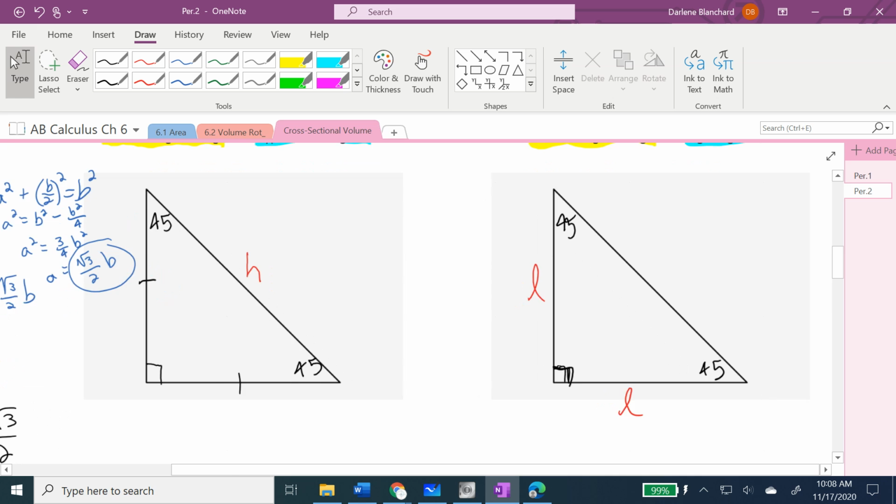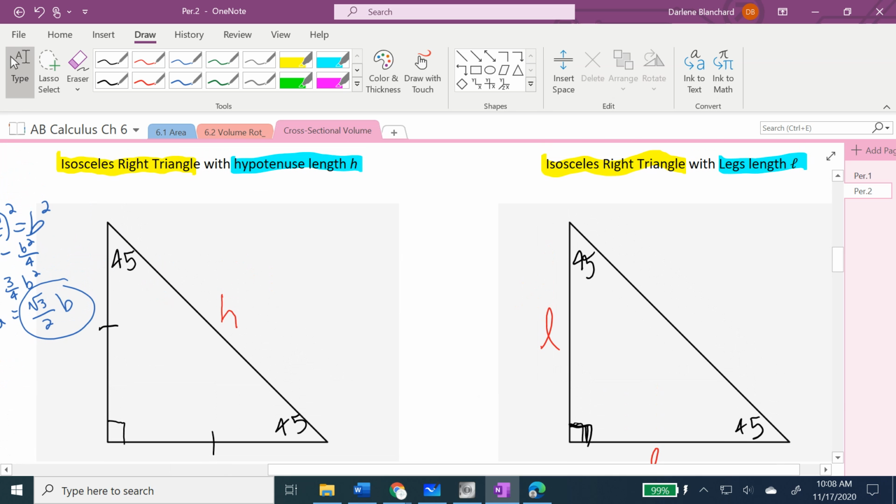So now we want an area formula first based on if I know the hypotenuse. Do you remember how to go from the length of the hypotenuse to the length of a leg on a 45, 45, 90? And if you forget, here's what you can do.